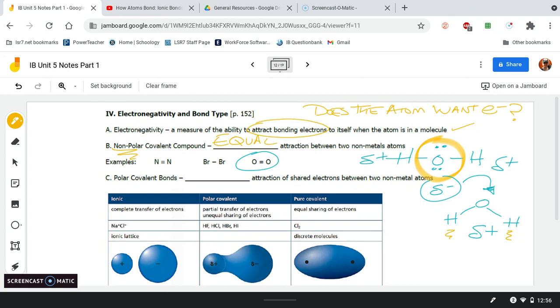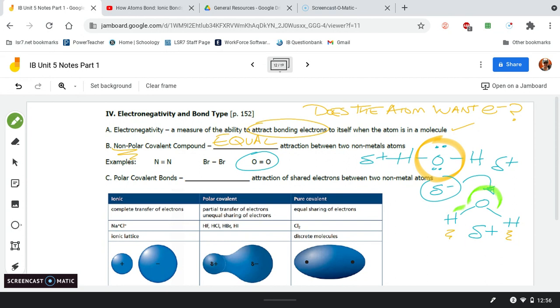So if I go back over to my water example, if we look, the oxygen is going to kind of hog up the electrons. So the electrons are going to kind of be up in this area. And so the electrons are going to slide to this area, which is why that area is going to be negative. And so if we use like a highlighter, we could kind of think that those electrons would be attracted to this area.